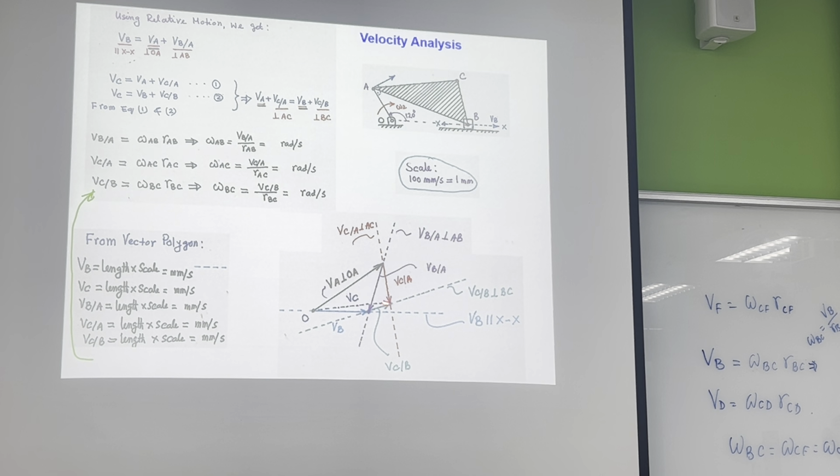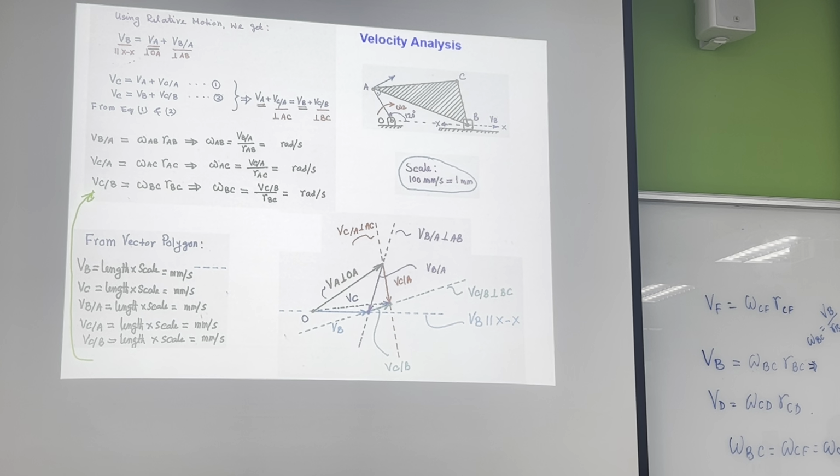Therefore, if you draw the diagonal, that will be your resultant vector of these two. And then our VC equals VB plus VCB, the other side. So our VB is this line, and from here up to that point is our VCB. So the diagonal of the two vectors will be our VC.